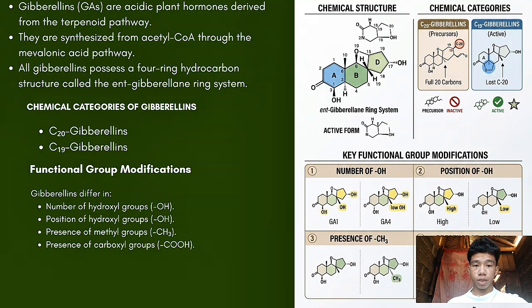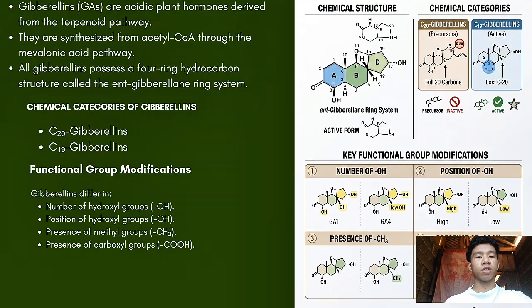Despite having the same core structure, different gibberellins vary in their chemical composition, resulting in differences in biological activity. Based on the number of carbon atoms, gibberellins are divided into two major categories: the C20 gibberellins and C19 gibberellins.